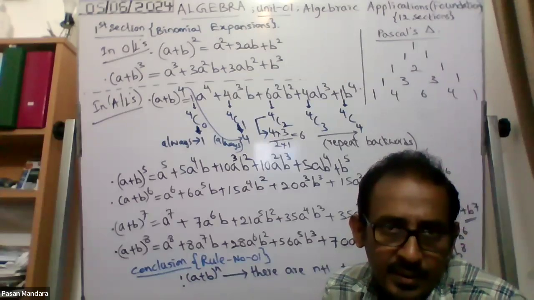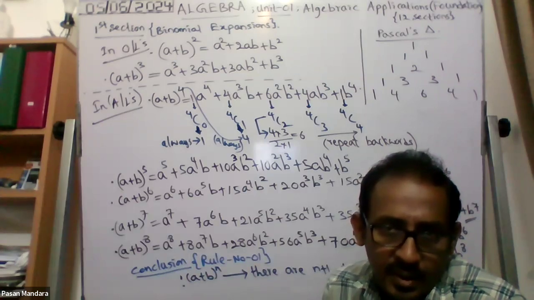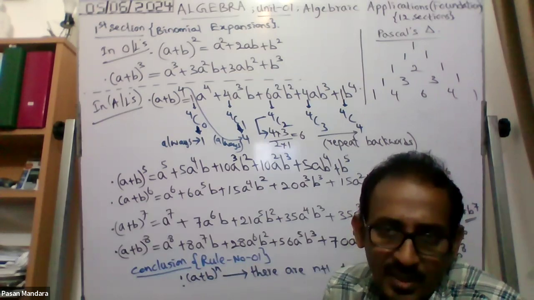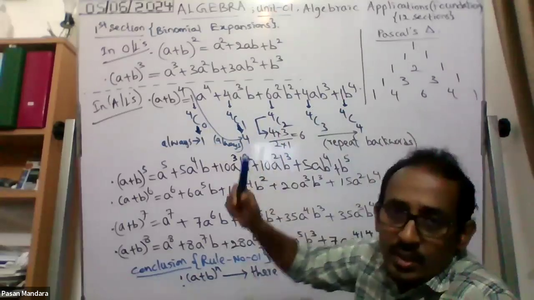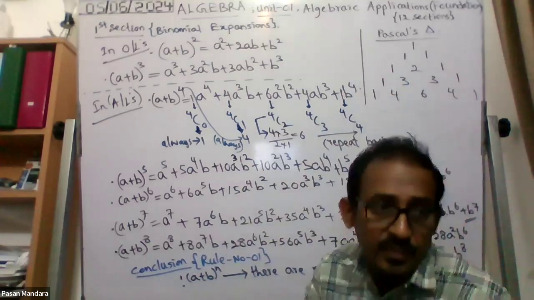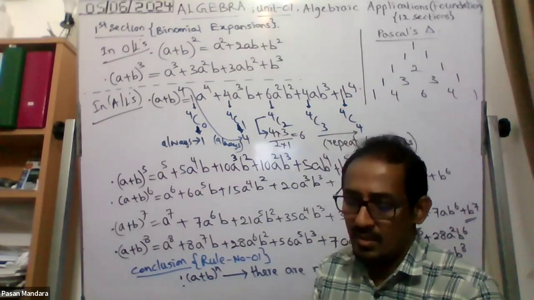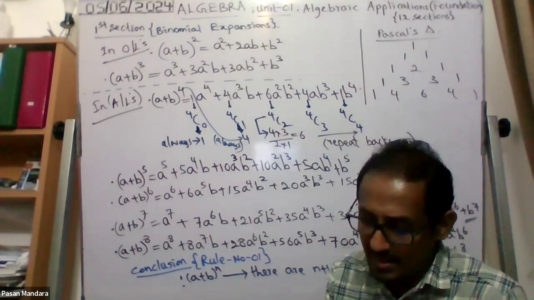Right. Now students, now you write down, you start Pascal. No need to leave space. After finishing this, you start Pascal and build up to 10. You can check your workings with the tutorial attached.